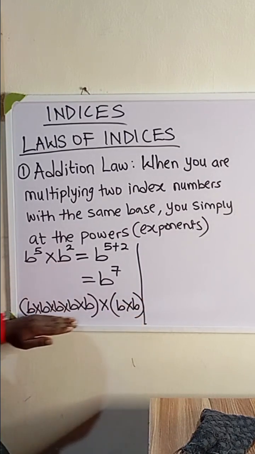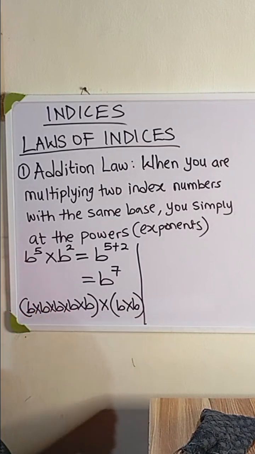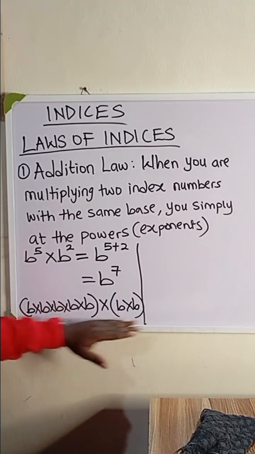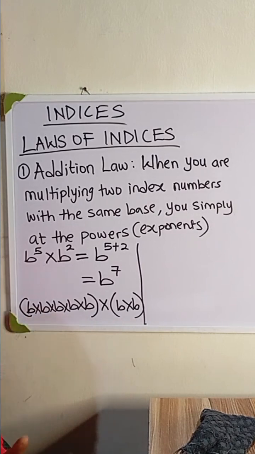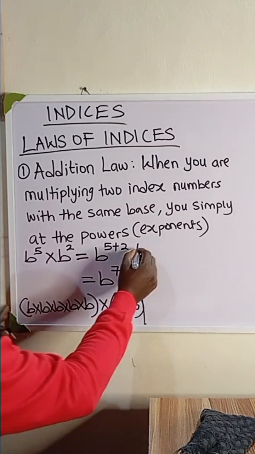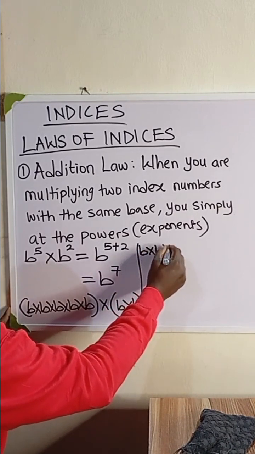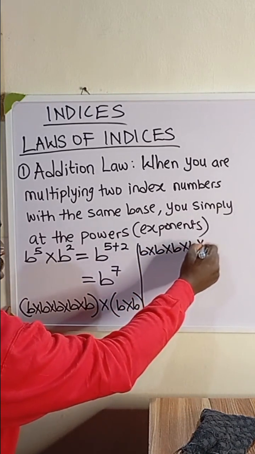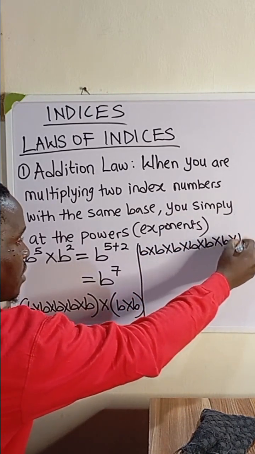So since all these values are multiplying each other, in multiplication you have the commutative rule, where no matter how you arrange the multiplication, you are supposed to get the same answer. So all we need to do is remove the brackets, and we have b times b times b times b times b times b times b.